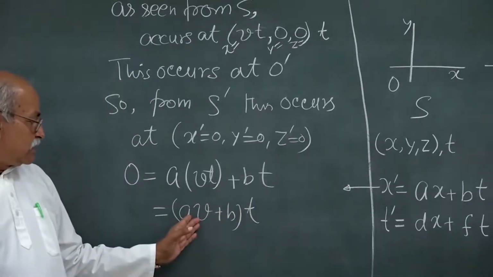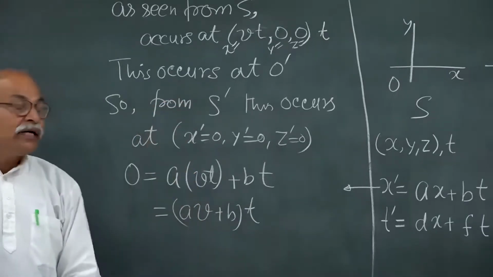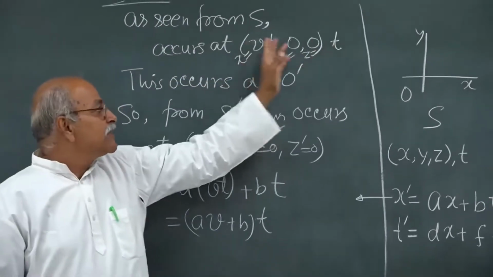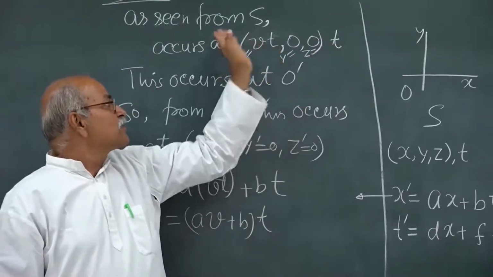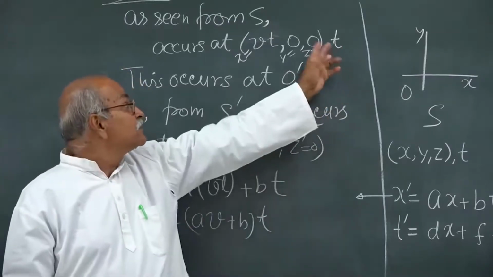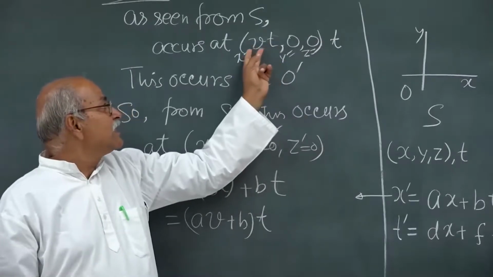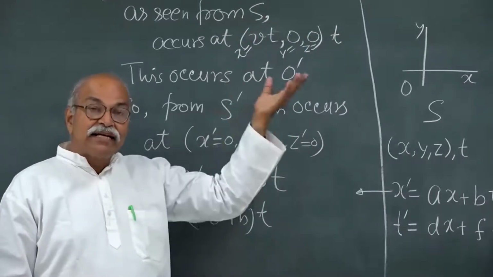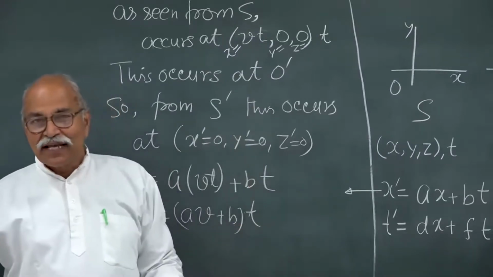And this equation is correct for all t. You can take any event which are related by this equation. Take t equal to 10 seconds and then calculate Vt and consider this particular event. Take t equal to 20 seconds and then construct this Vt, 20 seconds into velocity, x is equal to that, and then 30 seconds, 5 seconds, 0.5 seconds, whatever, minus 2 seconds, whatever.